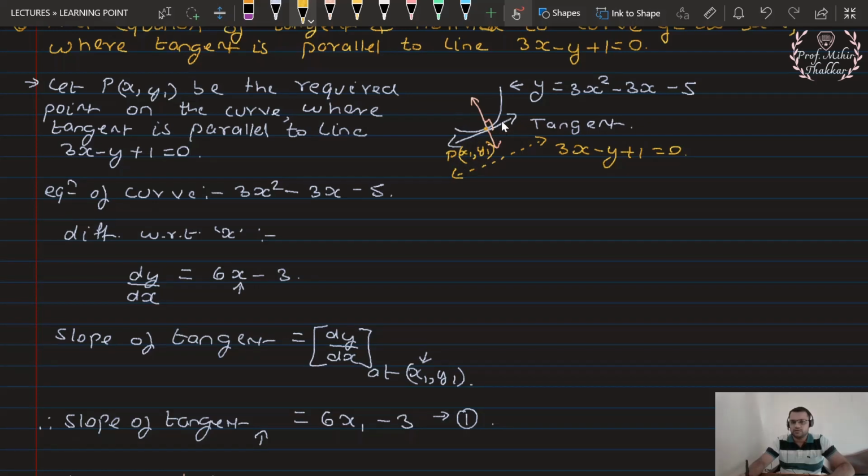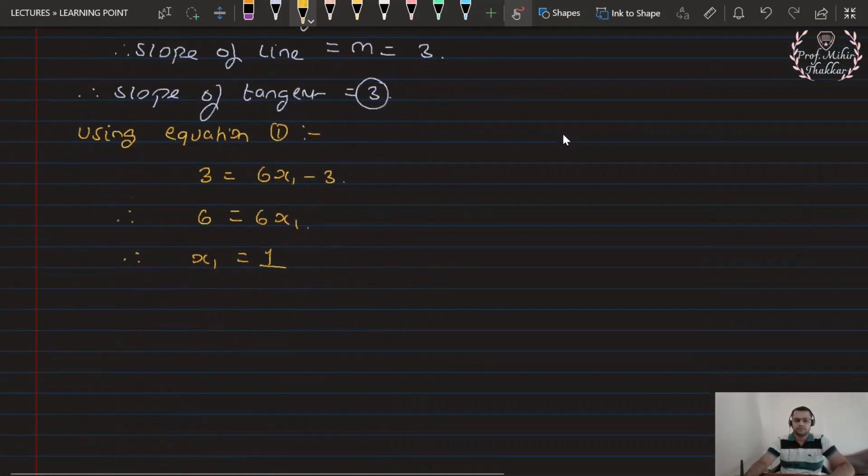Now, as I told you in the beginning, this is our point P(x1, y1). It lies on this particular curve. So this value of x1 must be satisfying the equation of the curve.